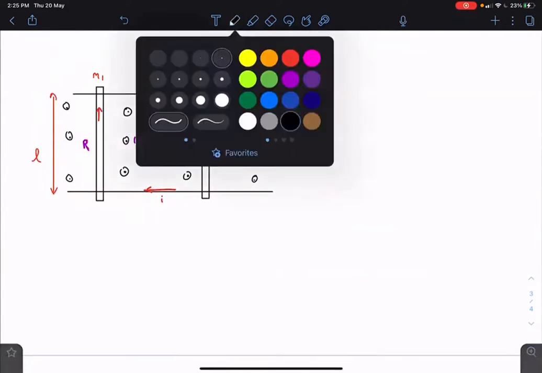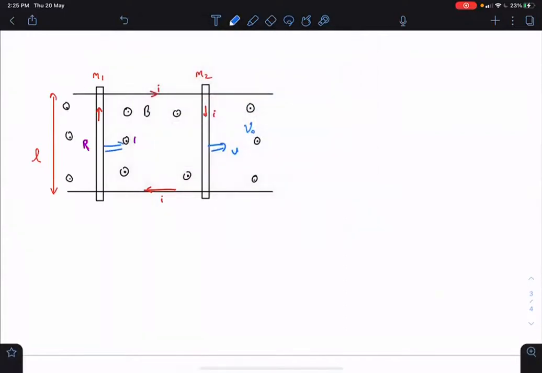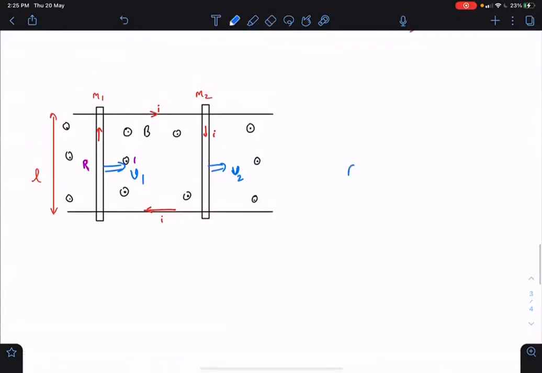But if at all they are asking, let's say at some time this velocity is v1, this velocity is v2. Then you'll write BIL is equal to m1 into dv1 by dt. Similarly, minus BIL is m2 into dv2 by dt.